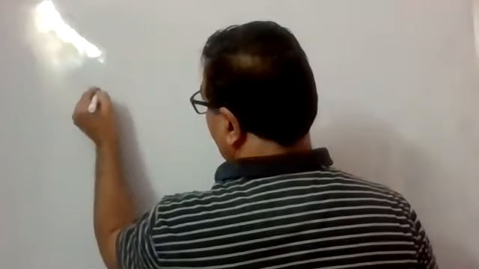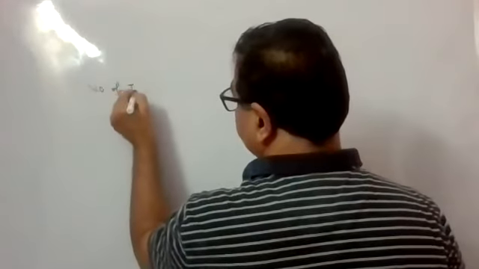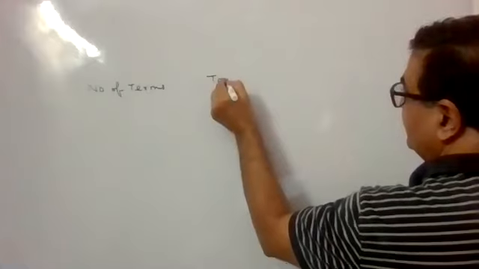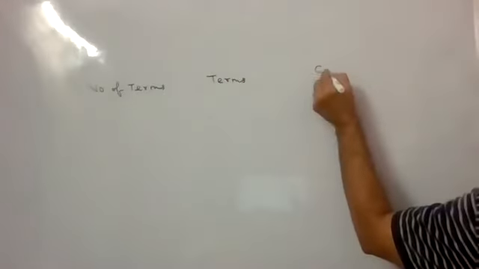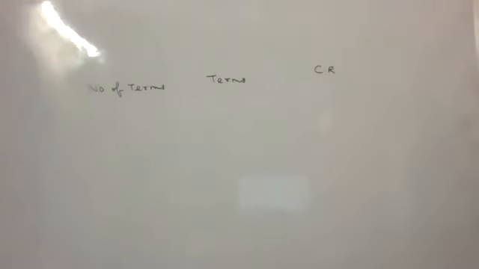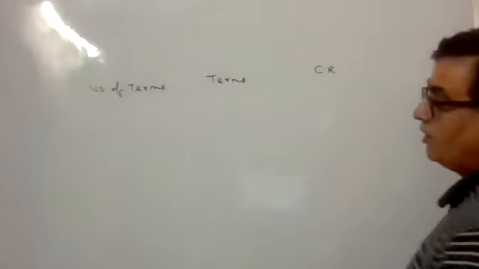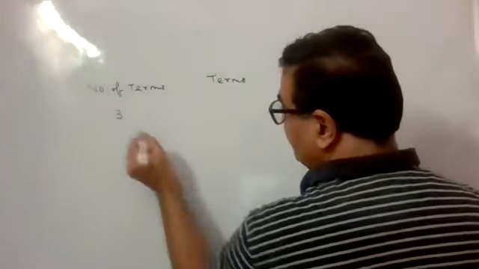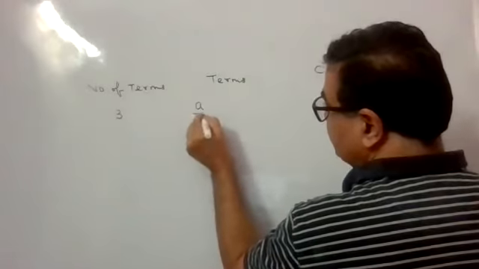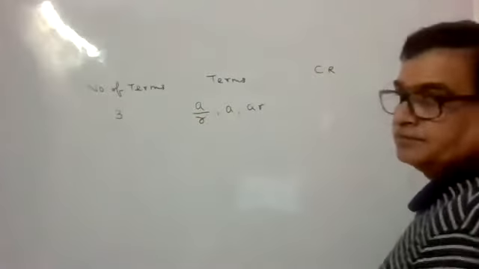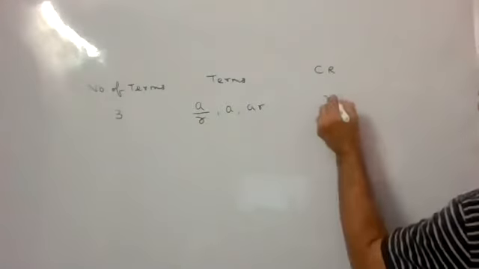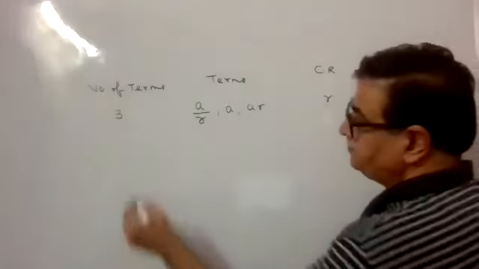Here we will say number of terms, here we will say the terms, and here we will say common ratio. When we have three terms, generally we will take the terms as A by R, A and AR. Common ratio is clearly R in this case.